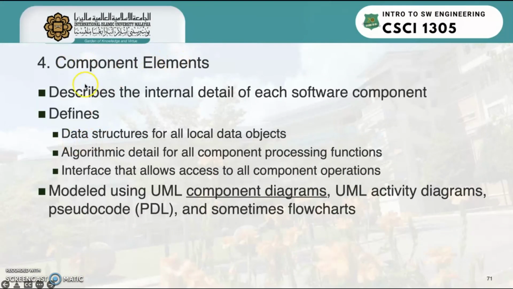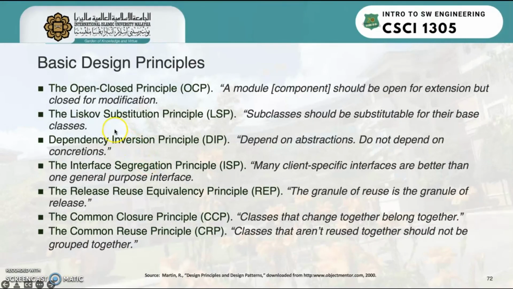Component elements. So these component elements describe the internal detail of each software component. So it can be in terms of the data structure, in terms of the algorithm, in terms of the interface. So in UML, we can use component diagrams, even activity diagrams, to represent this internal component element.